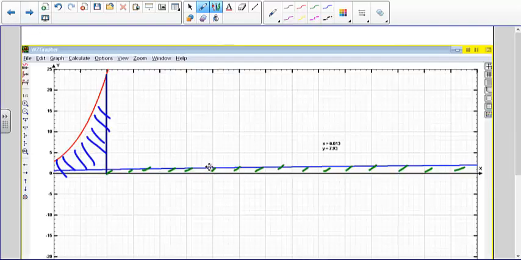And it turns out that the green hashed area is exactly equal to the blue hashed area. The green starts here because u is integrated from 2, which is here, to 9, which is there. So the area from here to there under this blue curve is the same as the area from 1 to 2 under the red curve.